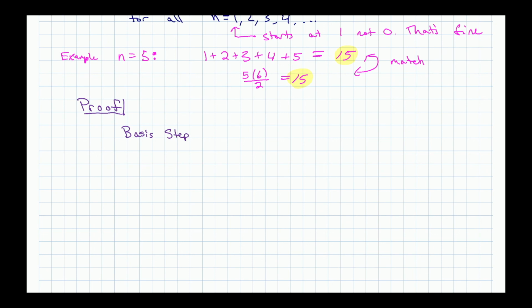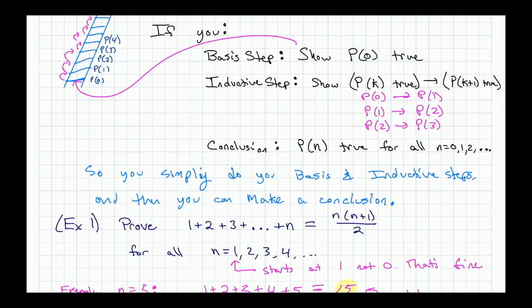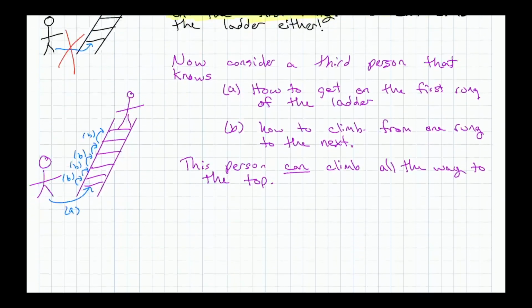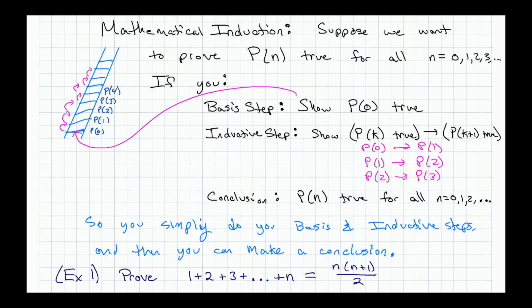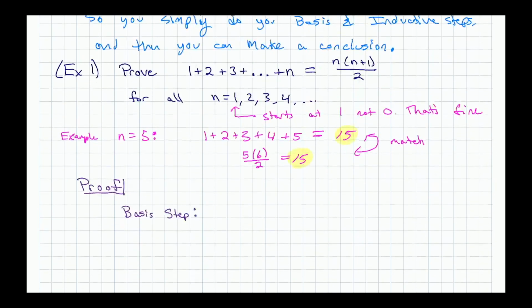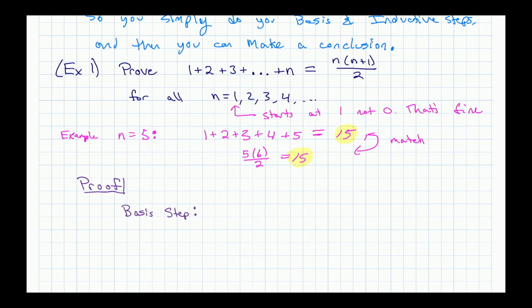Okay, so what is the basis step? So the way I wrote the basis step up here was that the basis step is, P of 0 true, right? And I just meant the first thing that we're supposed to show true is true. So in this case, we are starting at n equals 1, right?